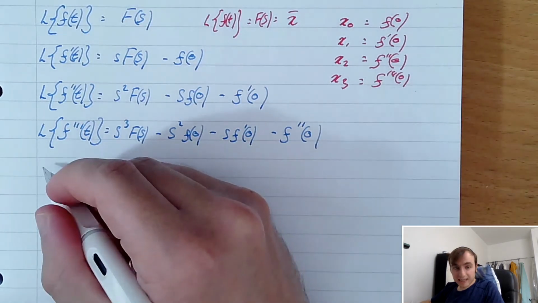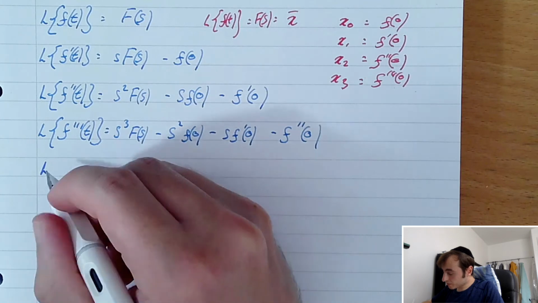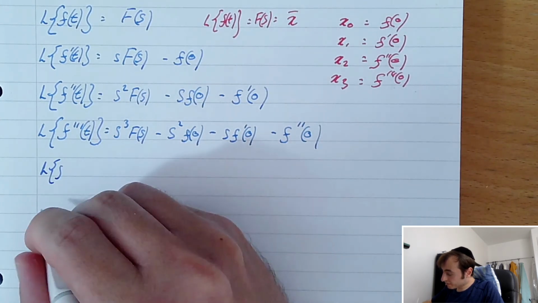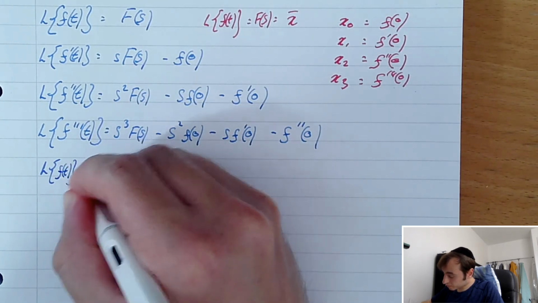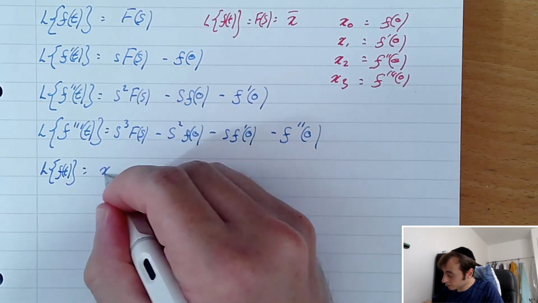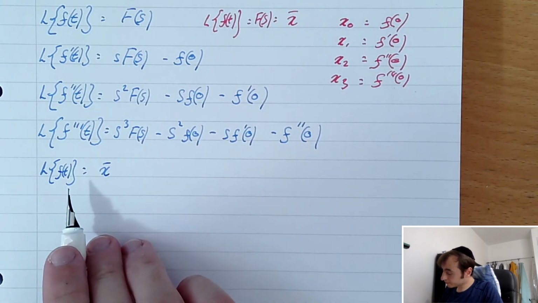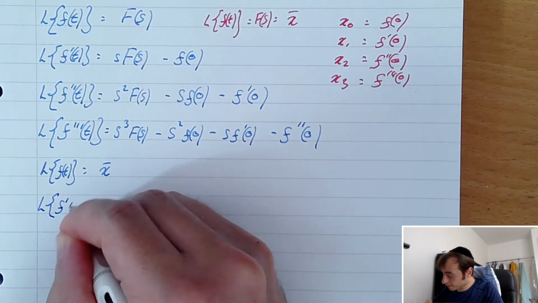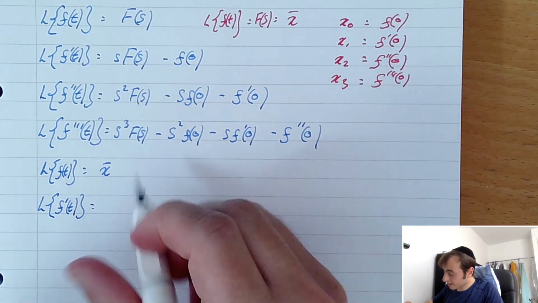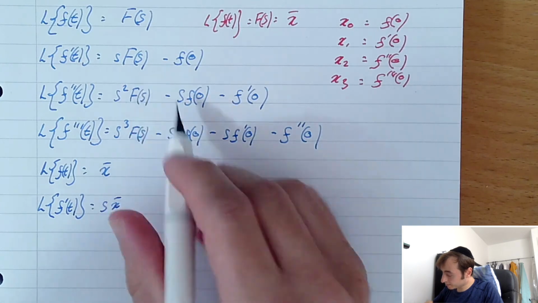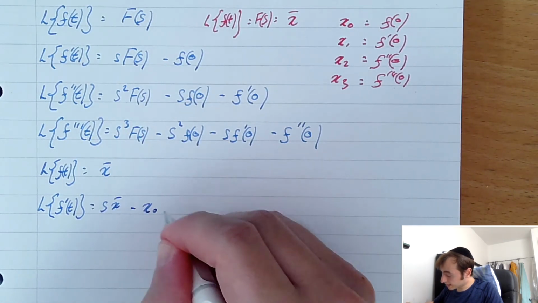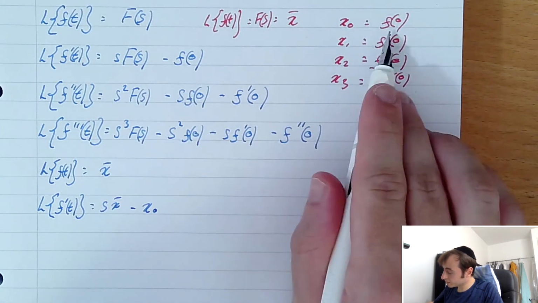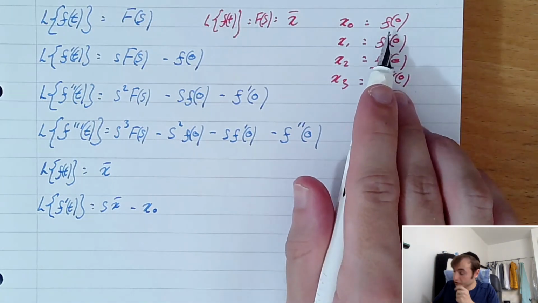So we can now say that the Laplace transform of f of t equals F of s, or x bar, and the Laplace transform of f prime t now equals s x bar minus x naught, because x naught equals the function evaluated at 0.